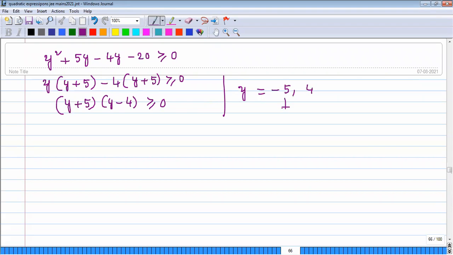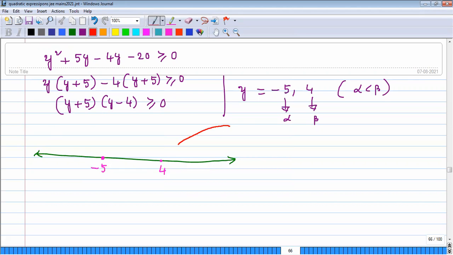This will be alpha, this will be beta, such that alpha is less than beta. Yes, less than or equal. Now here, take the number line first. So locate -5 and 4.